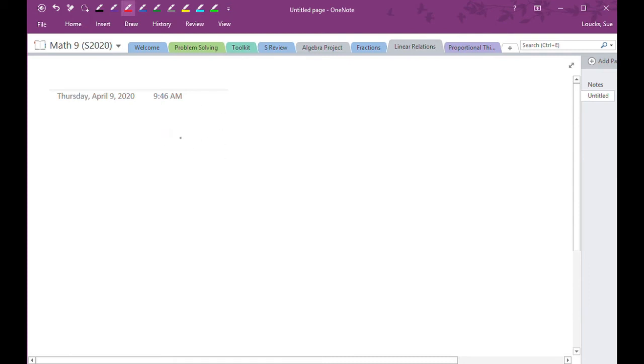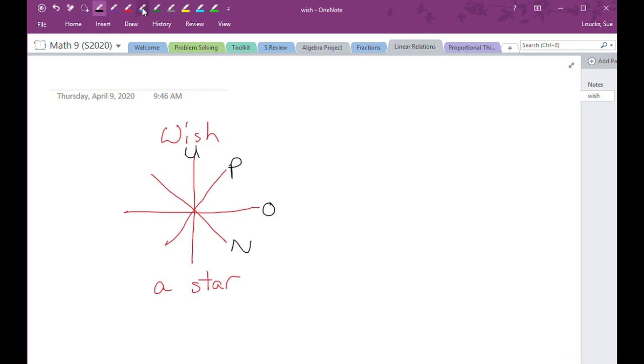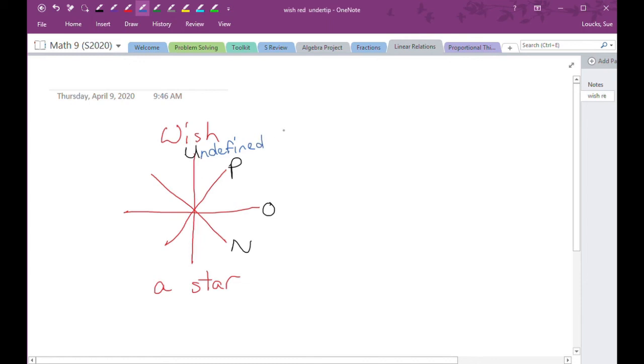You write "wish upon a star." Okay, and so this is the star. And here's your "upon," U-P-O-N. So the U is for undefined, because a line going straight up and down is undefined.